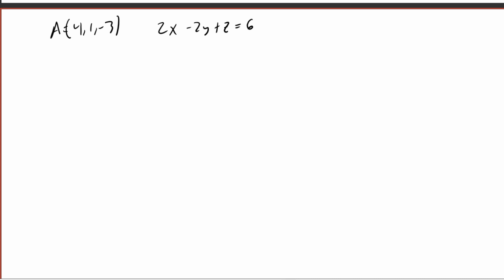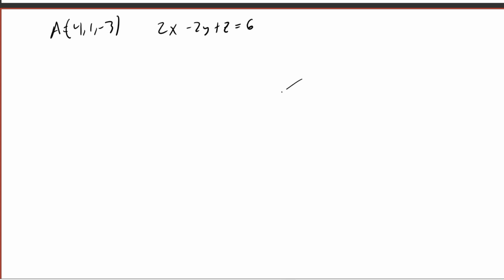Okay, hang on. What is it asking? It says given point A and the plane P in question 3, let L be the line through A perpendicular to P. Oh, I see.